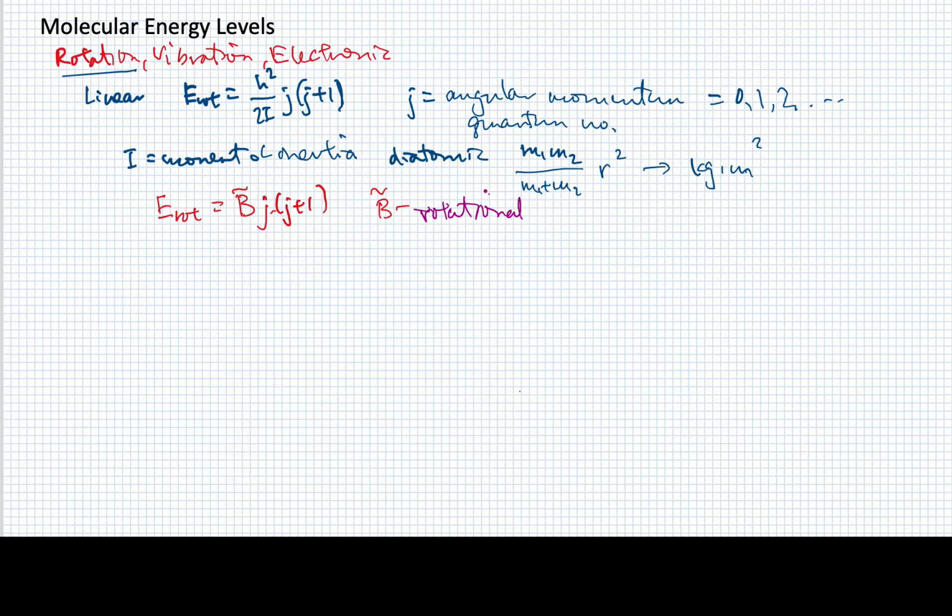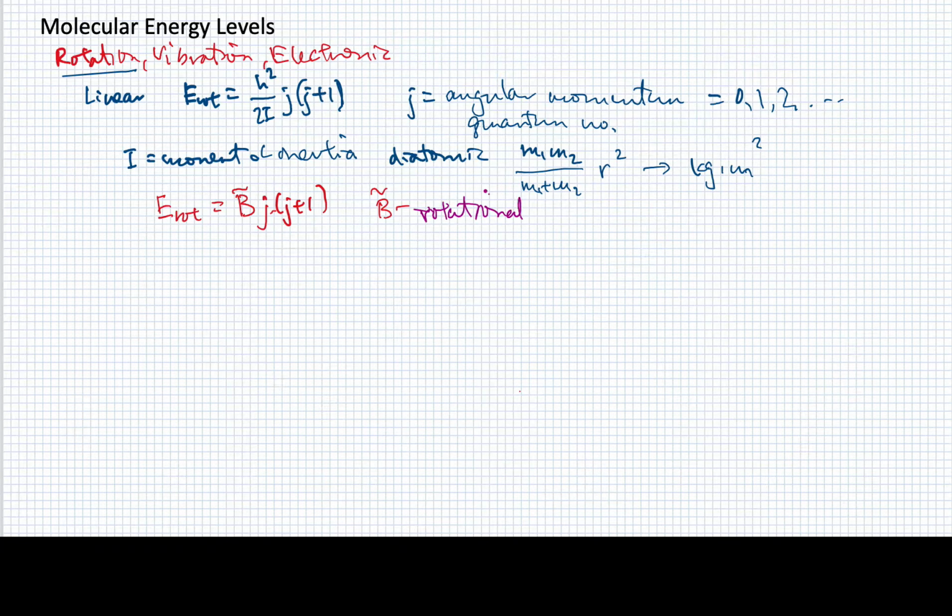Now, B is sometimes given in units of inverse centimeters. What is an inverse centimeter? Well, you can think of it as being indicative somehow of the wavelength of the wave that this rotational state represents. And if we wanted to see it as a function of joules, we would multiply it by Planck's constant and by c, which is the speed of light.